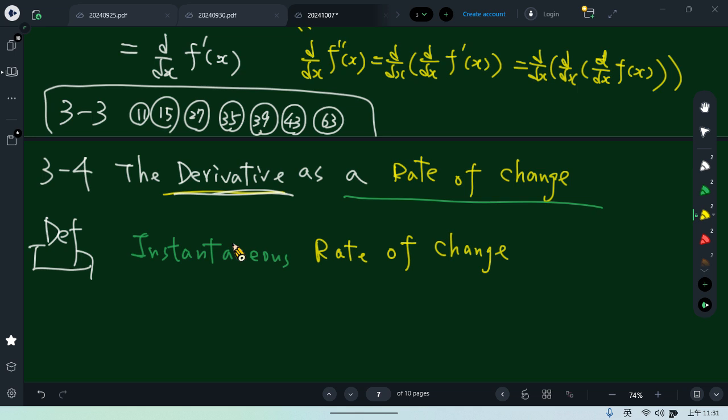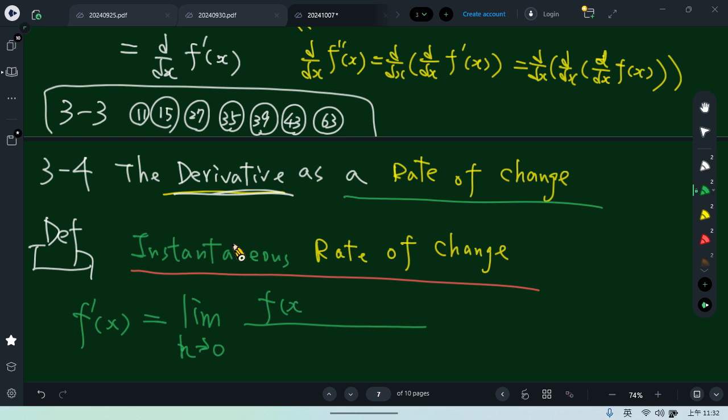Right? Before we reached this concept, we just talked about the average rate of change. But as h goes to 0, then we can suddenly get the instantaneous rate of change, right? So at that time, we also said that f prime x should be defined as the limit as h goes to 0 of f of x plus h minus f of x over h, right?